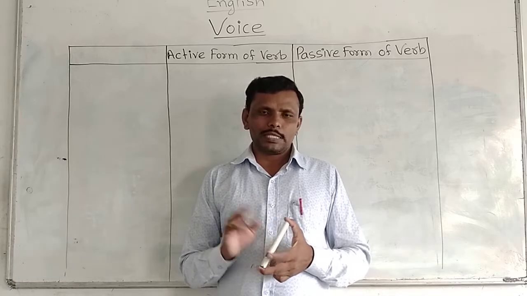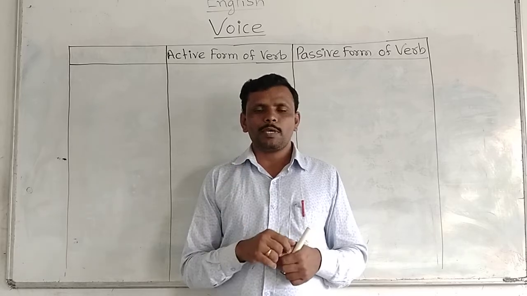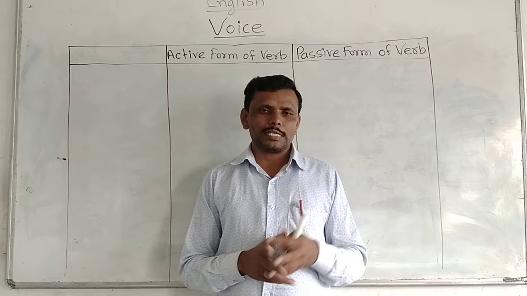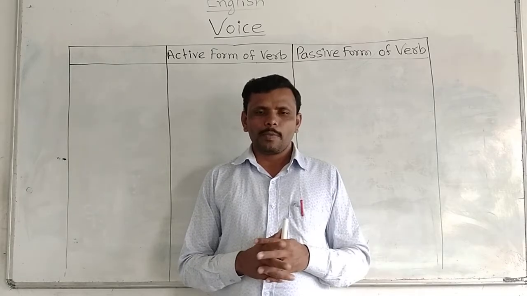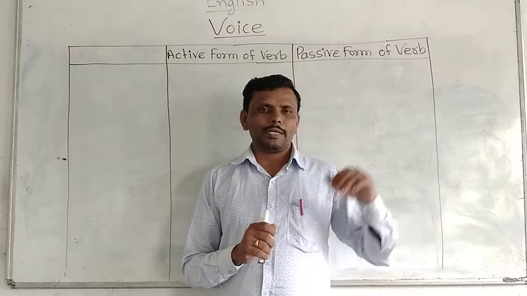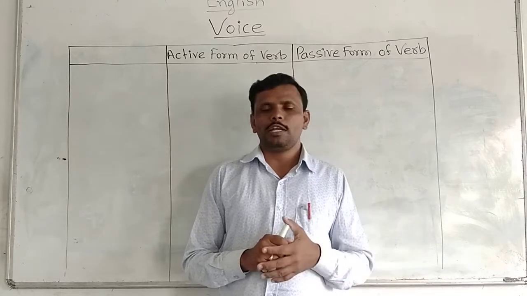Past perfect tense, its active form is had plus V3 and the passive form is had plus been plus V3. In simple future tense, its active form is shall/will plus V1 and its passive form is shall/will plus be plus V3.